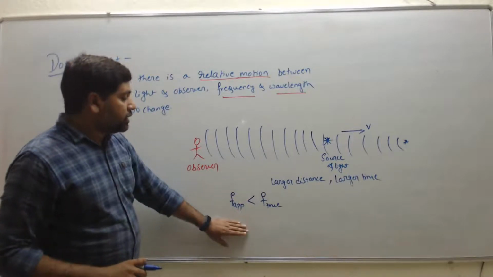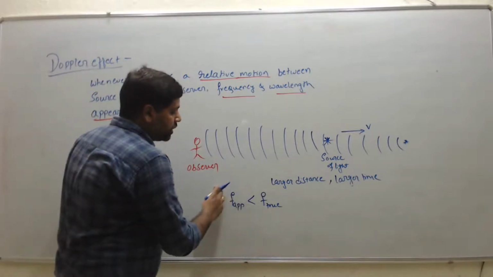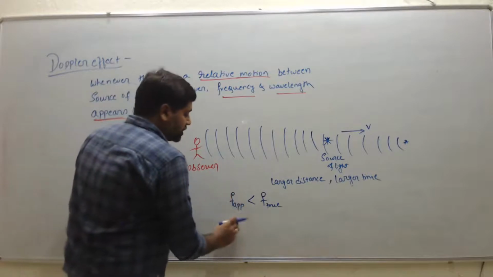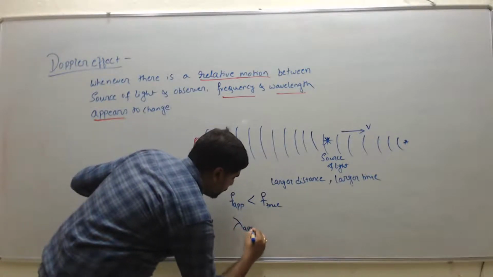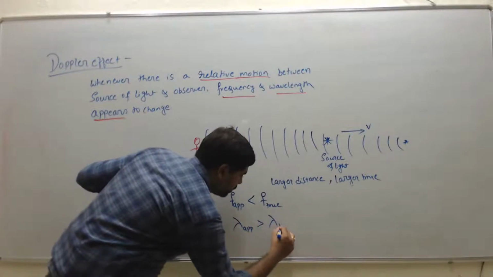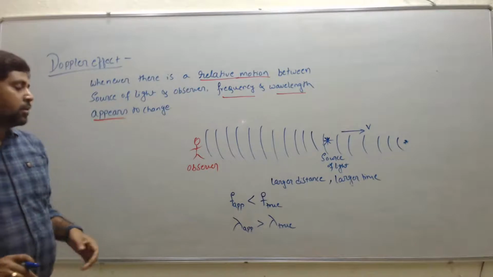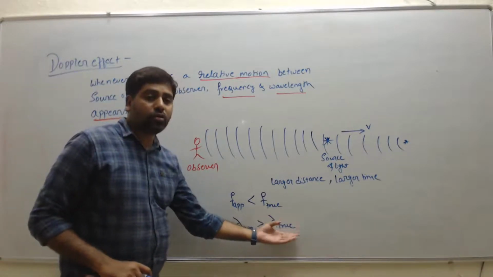If we write the same in terms of wavelength, the frequency is inversely proportional to the wavelength. If the apparent frequency is decreasing, then the apparent wavelength is greater than the true wavelength.